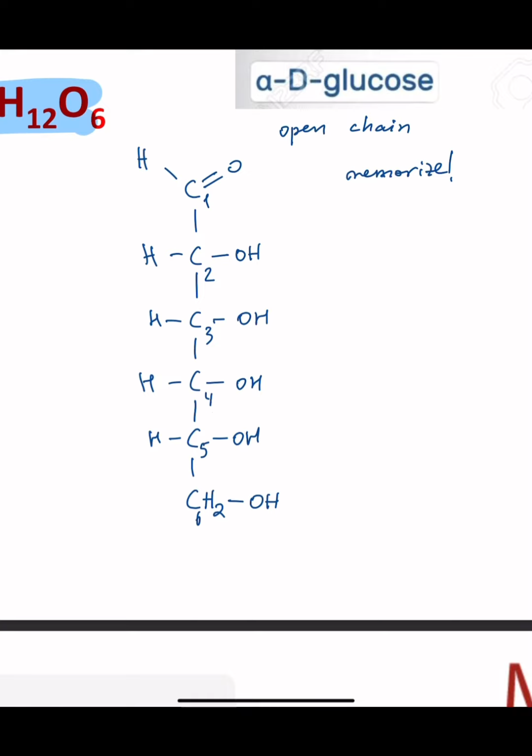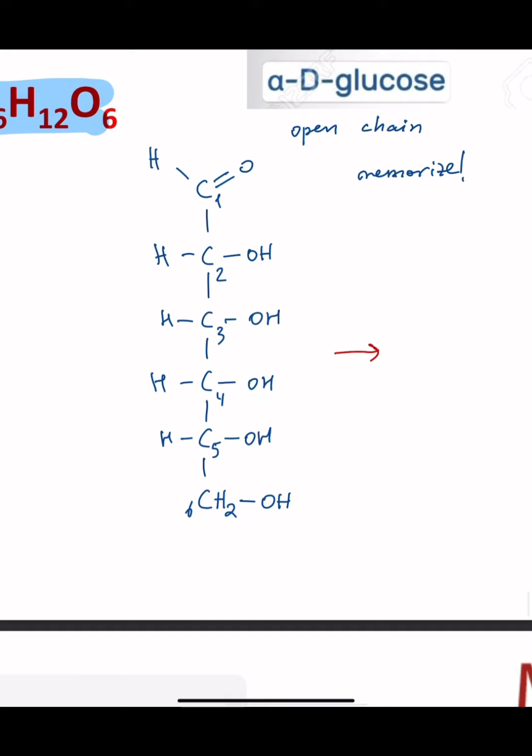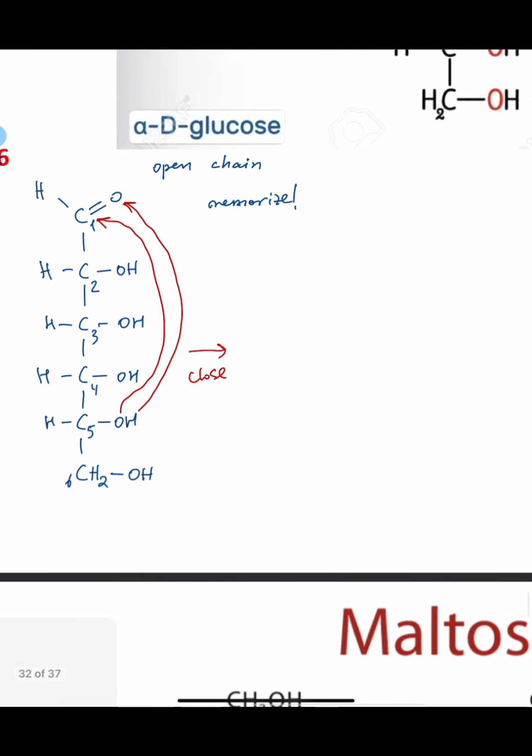Okay? So we'll write it here. What happens is that when I close this chain, the 5th carbon, the oxygen in here, is going to attach to this first carbon, and then hydrogen is going to migrate to this oxygen. We have done this in the class with you.